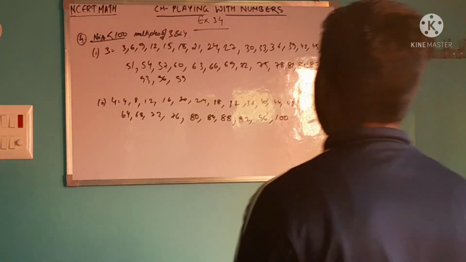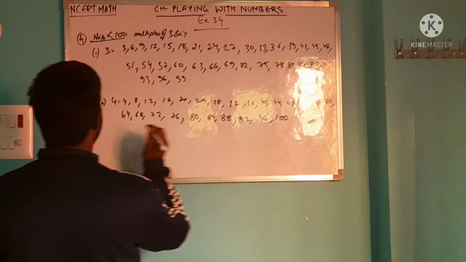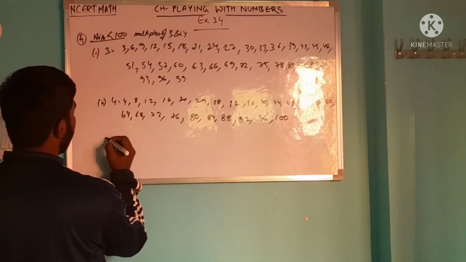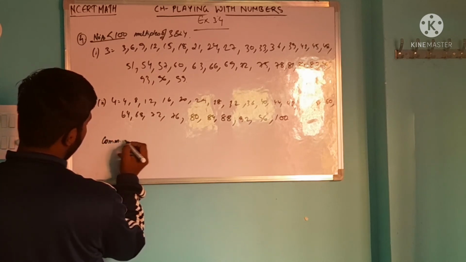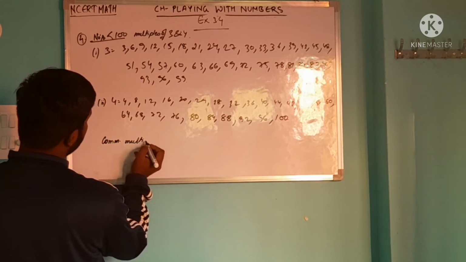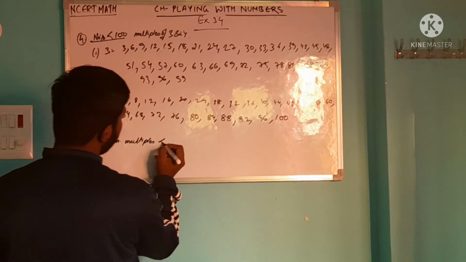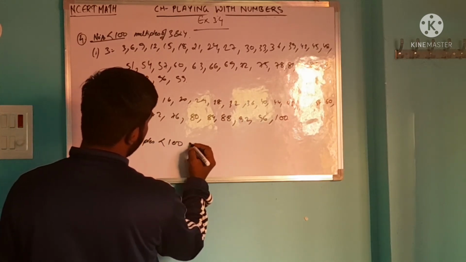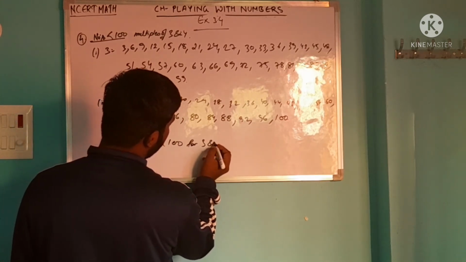So these are all the multiples of 4. Now we need to find the common multiples which are less than 100 for 3 and 4.